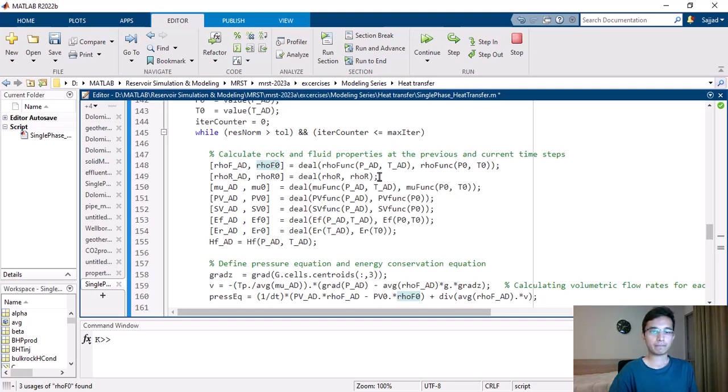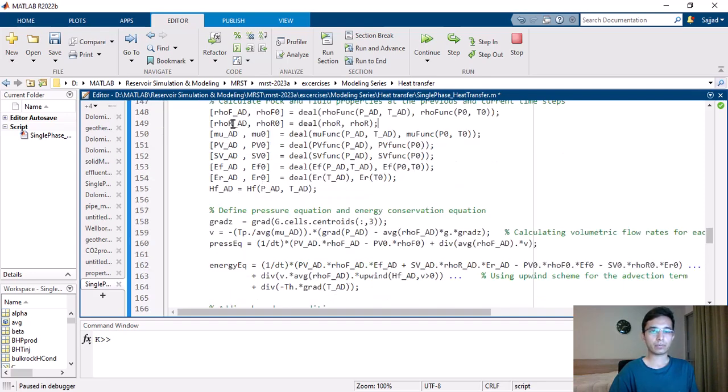And here we calculate, of course, we don't calculate this. It is already known. The density of the rock, and as you see, it is the same value that we specified before, and it is not a function of pressure and temperature because the density of rock doesn't change that much, and so we assumed that it's a constant value.